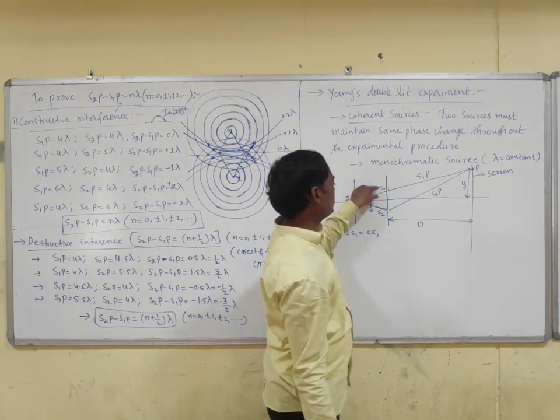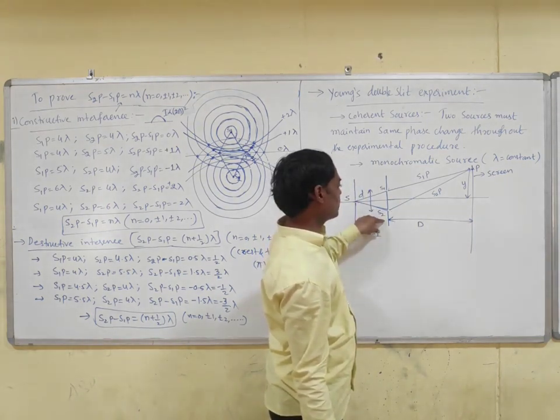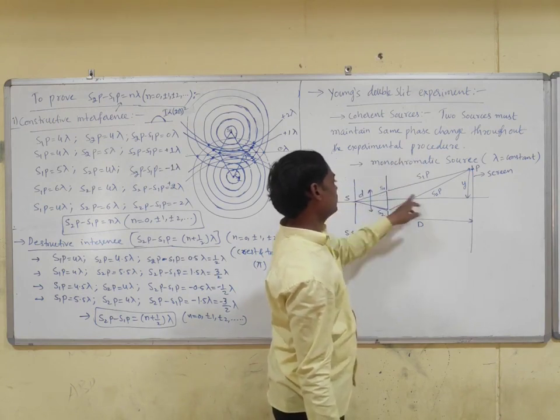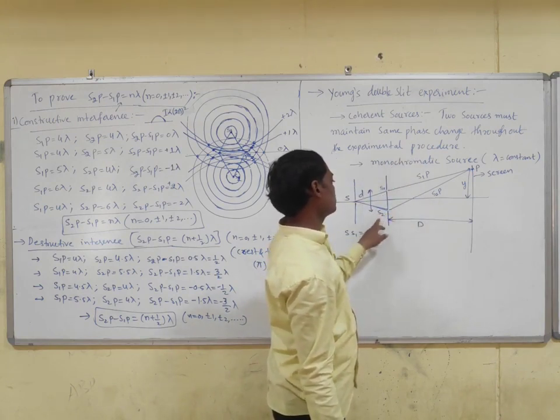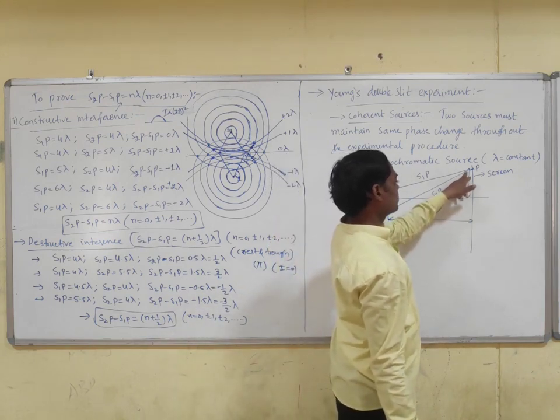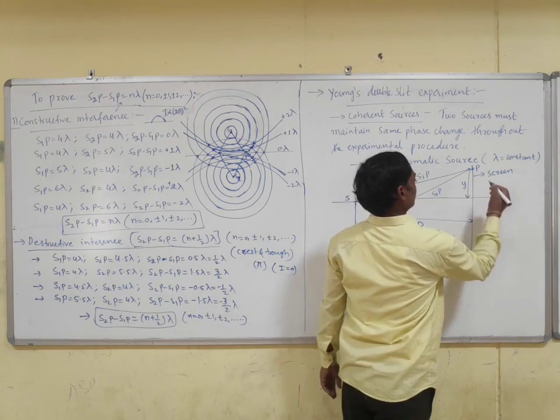Small d is the separation between the two sources S1 and S2. S1P is the path length from the source S1. S2P is the path length from the source S2. Y is the location of the fringe from the center of the screen.